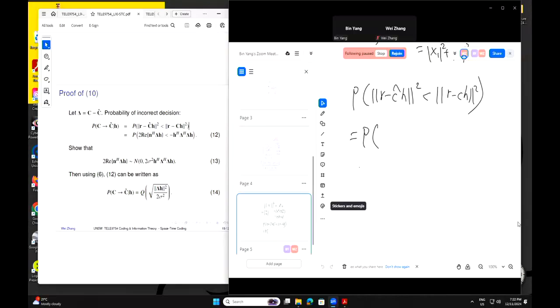We first define delta equals C minus C hat on the left-hand side.